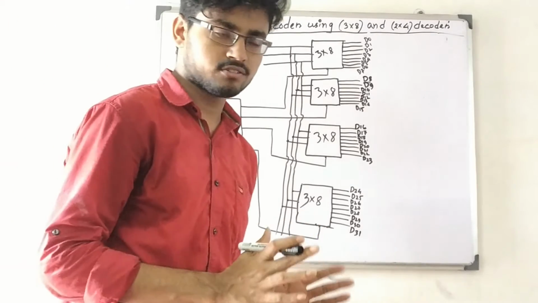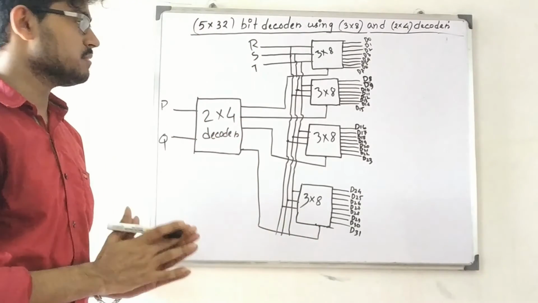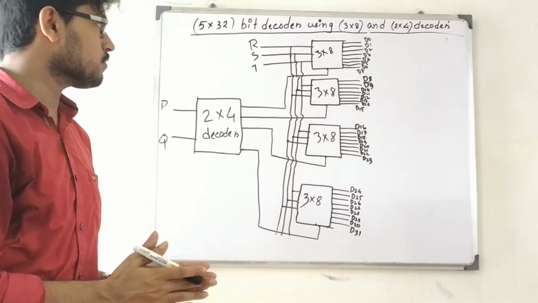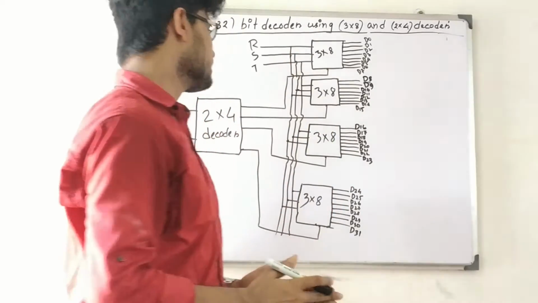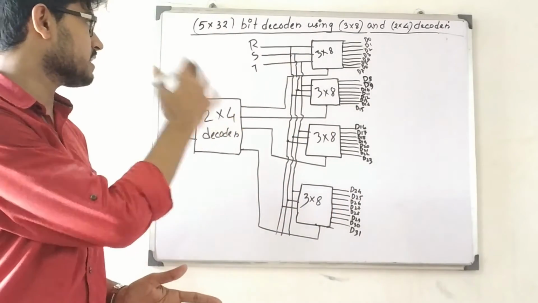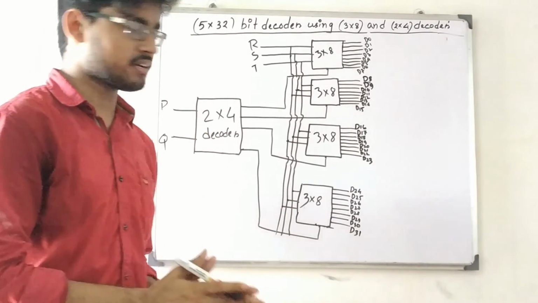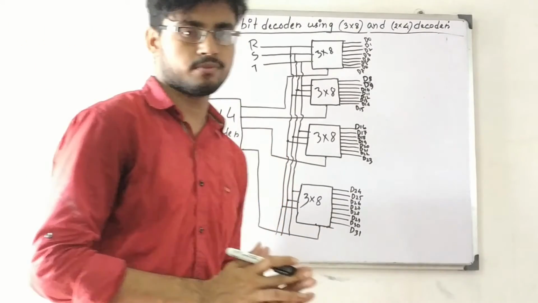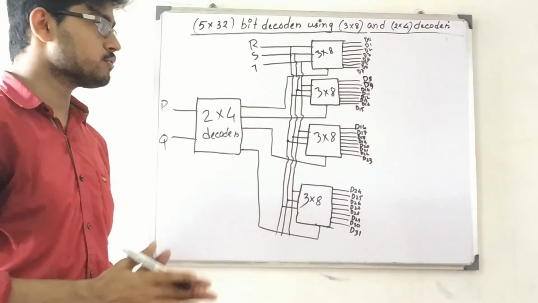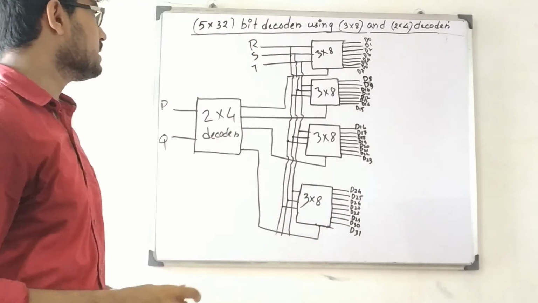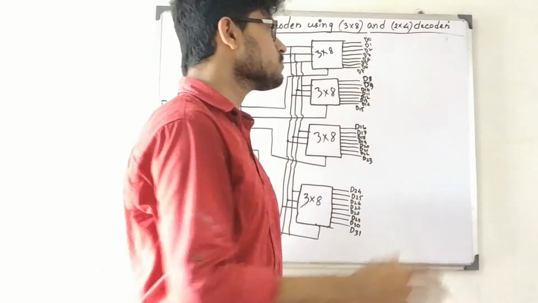But if we use the 3x8 and 2x4 decoders, we can easily make the 5x32 decoder, because a single 5x32 decoder is not available and is difficult to build. So we have to build the 5x32 decoder using the 3x8 and 2x4 decoders.